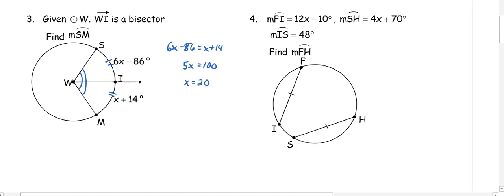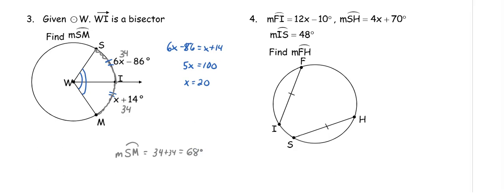So x is 20. Then we need to find SM. I'm going to substitute 20 into both parts, and I would get 34 and 34. So the measure of arc SM, we would add those two together: 34 plus 34, which would be 68 degrees.